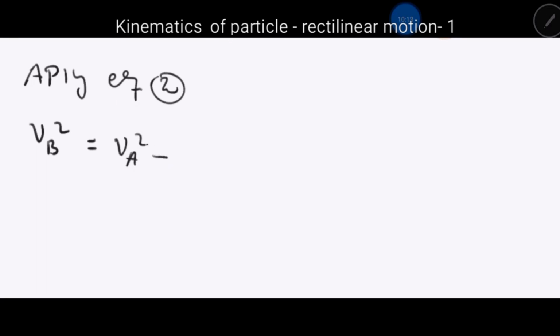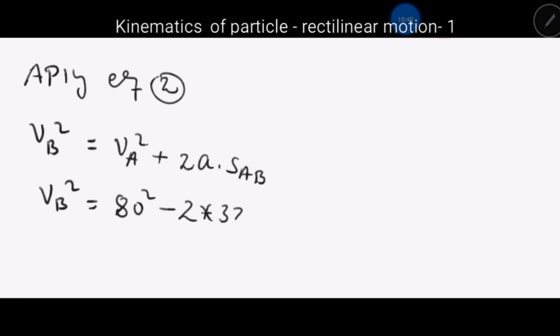Now VB squared is equal to VA squared plus 2A times S from A up to point B. So VB squared is equal to, when you substitute the numerical values, 80 squared, acceleration is negative, so negative 2 times 32.2 times distance is 50, because from position A to B is 50.